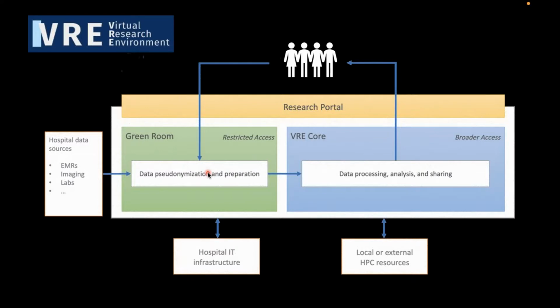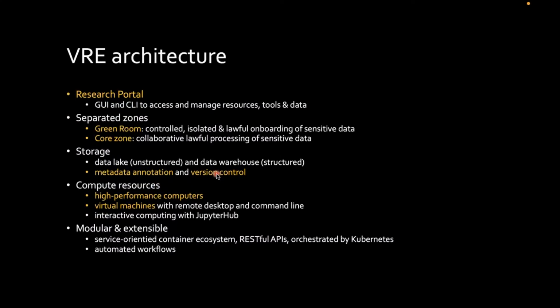So, a more schematic overview of the VRE. We already heard about the green room, which provides only restricted access. When data comes into the VRE, it first lands in the green room, whether it comes from hospital data sources or is uploaded by a person.